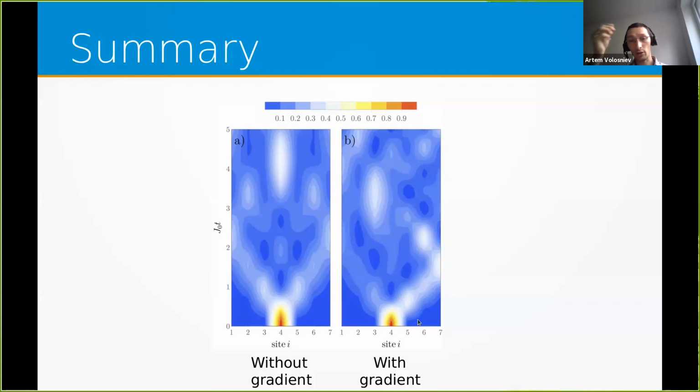Of course, if you introduce now a temperature gradient, you break this parity, and the particle will get sucked into the system with the hot reservoir. Okay, so that is basically the summary.